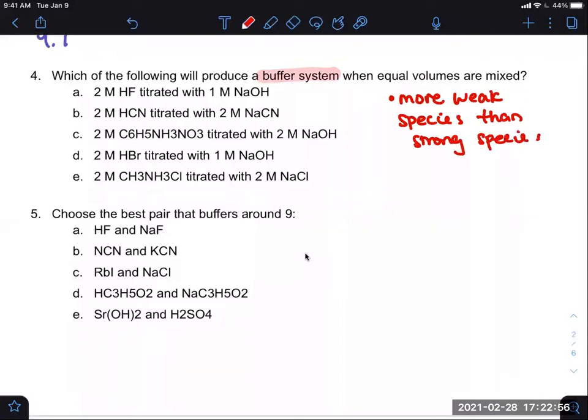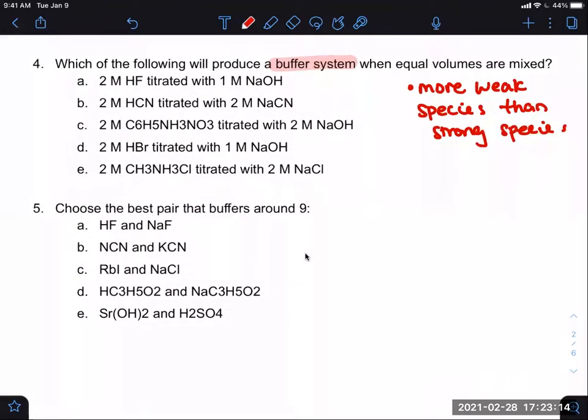Like we want 2 molar of, let's say, HF and 1 molar of NaOH. We want more of the weak one than the strong one. Otherwise, it won't create a buffer system. And we saw that many times. Okay. And I can clarify that again if anybody needs, which is no problem at all.